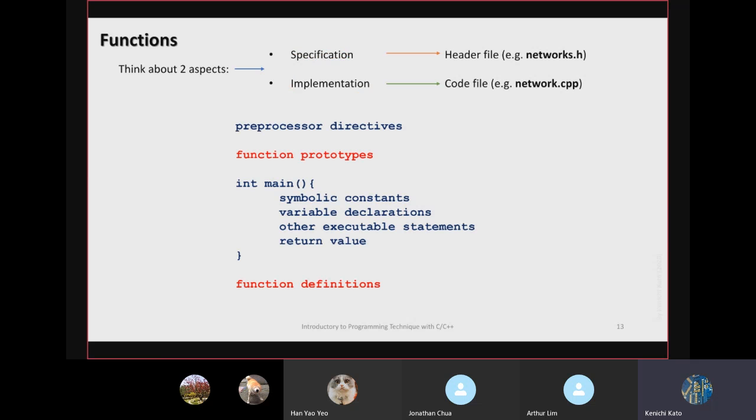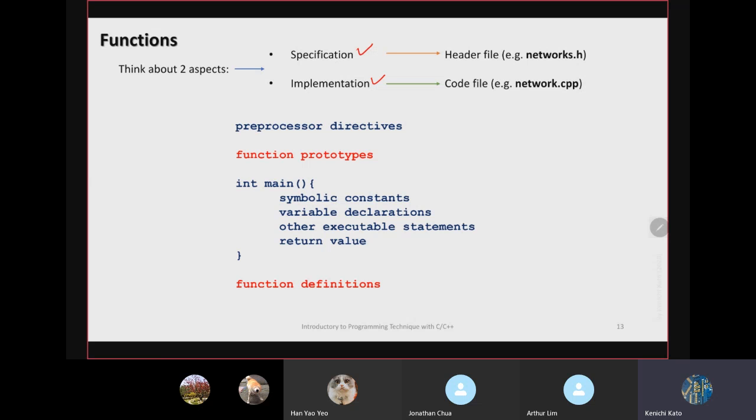When you talk about adding a particular function, there are two aspects you need to remember to define for every single function. First is the specification. Second is the implementation.